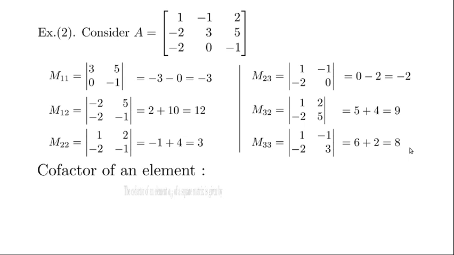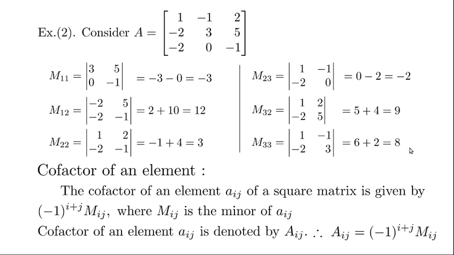Cofactor of an element. The cofactor of an element Aij of a square matrix is given by minus 1 raised to i plus j times Mij, where Mij is the minor of Aij. Cofactor of an element Aij is denoted by capital Aij. Therefore, capital Aij is given by minus 1 raised to i plus j times Mij. Cofactor matrix.